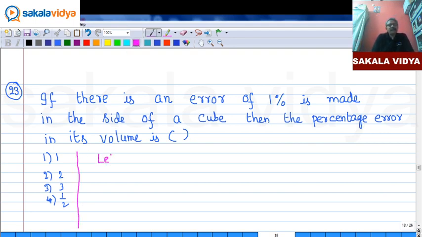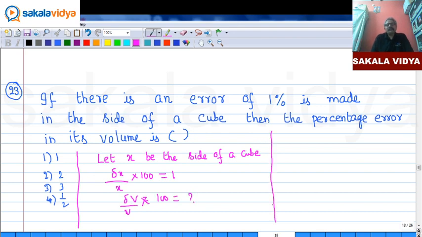Let x be the side of a cube, and what is given? Delta x by x into 100 given, percentage error in the side is given 1%. Now, for volume, delta v by v into 100 is equal to question mark.